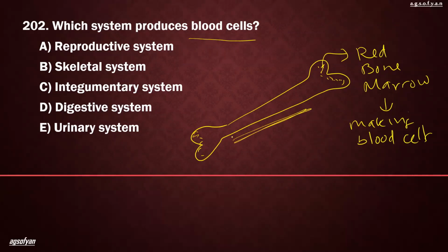So the system that has it? The skeletal system. Yes, the skeletal system is not only for shape, not only for movement, but it also has another function, which is to make blood cells.